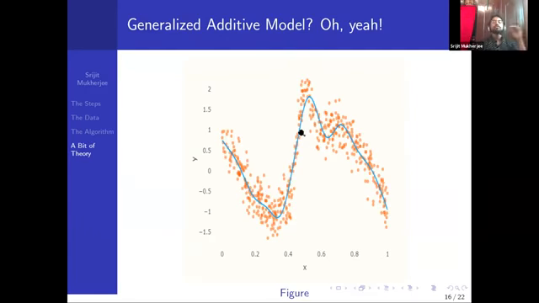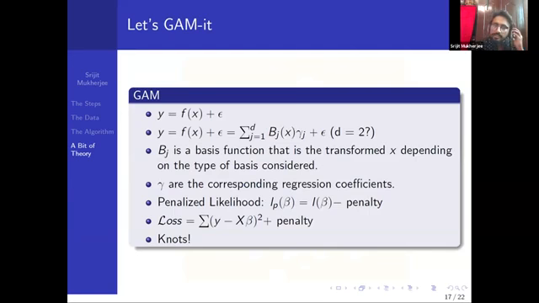I will not go into too much mathematics, but I will give you the basic idea with the corresponding mathematical ideas. Essentially a GAM looks like the following: y is equal to f(x) plus epsilon, but f(x) is a sum, it's additive, so it's a sum of functions.